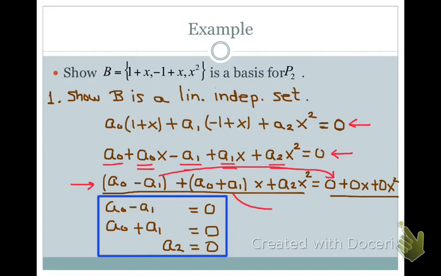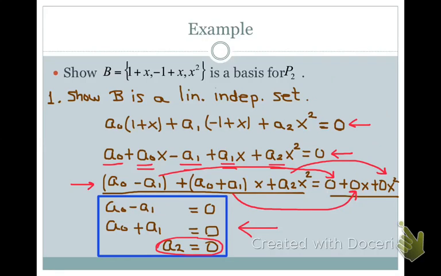A0 plus A1, which is the x term, must match the 0 coefficient there. And A2 must match the 0 coefficient that goes with the x squared term. So when I do that, I end up with the following linear system for the coefficients of the polynomial. Notice that automatically from here we see that A2 is equal to 0.